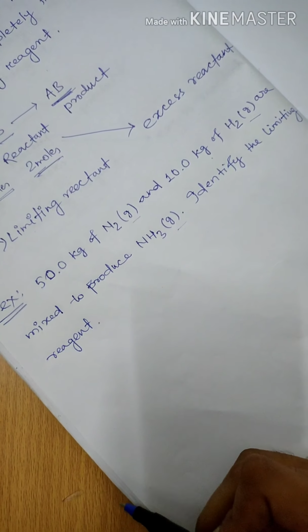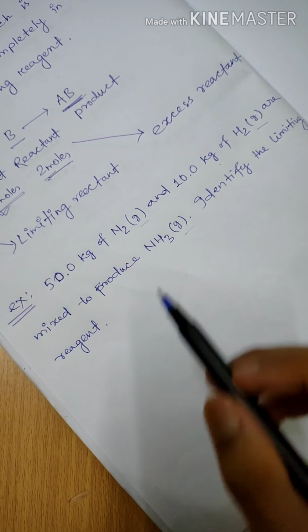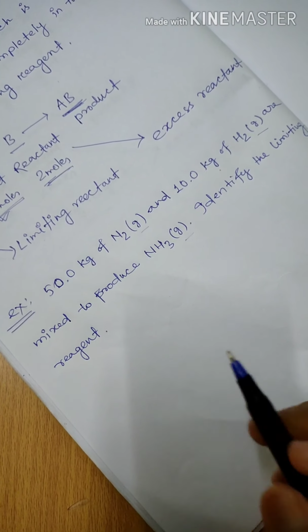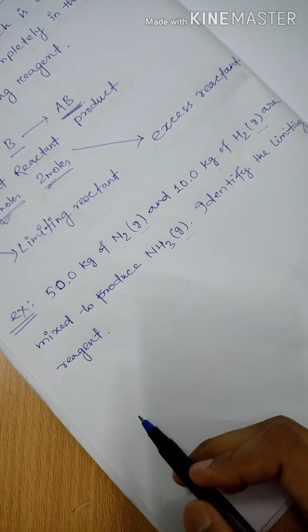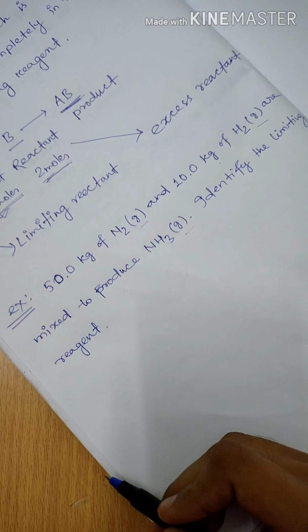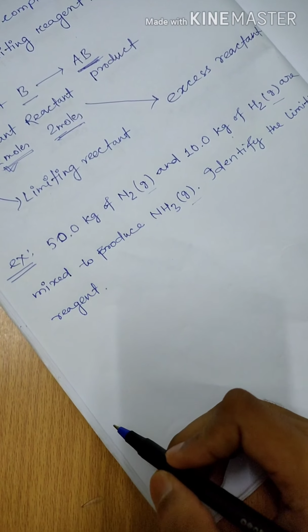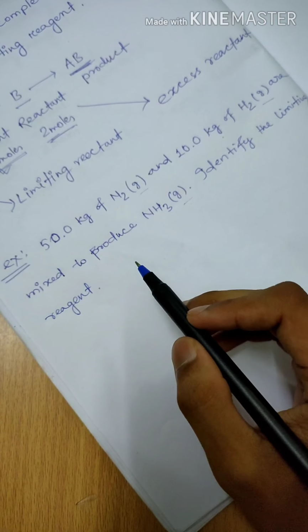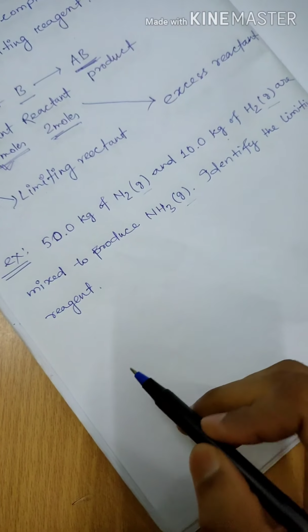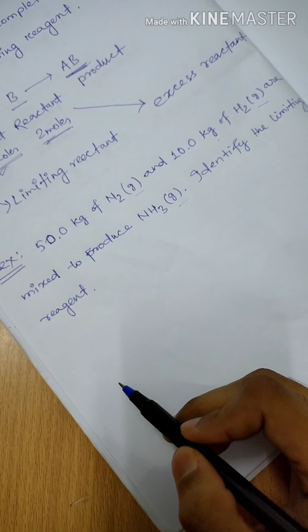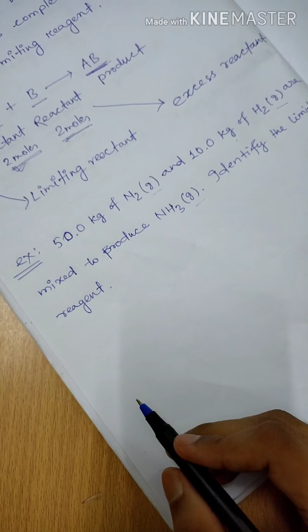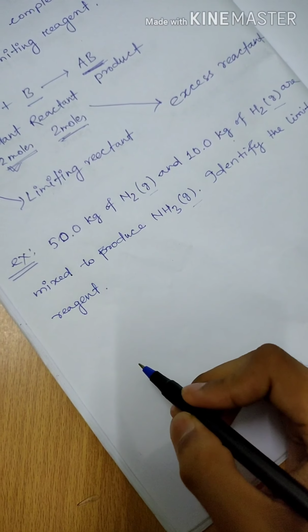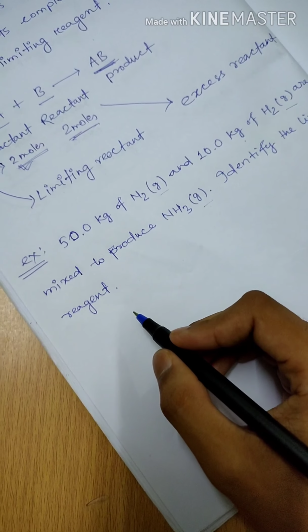Identify the limiting reagent. So how shall we identify which one is the limiting reagent? Now see, first we have to write the balanced chemical equation for this reaction. Okay, now let me write the balanced chemical equation for this reaction.